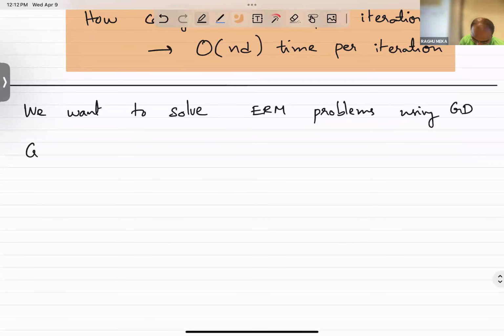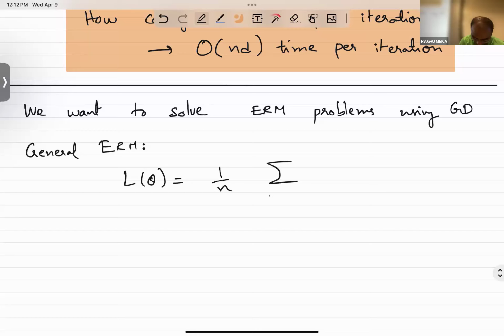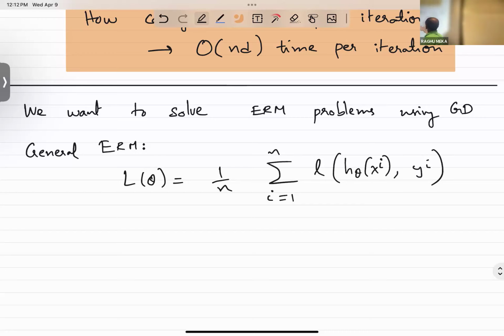And the same thing happens for general ERM problems. If I have a general ERM problem, I have something like this. This is my structure of the loss function. I have some hypothesis class parameterized by some parameters theta, evaluated at my example xi, and I'm comparing how close that prediction is to the label yi.